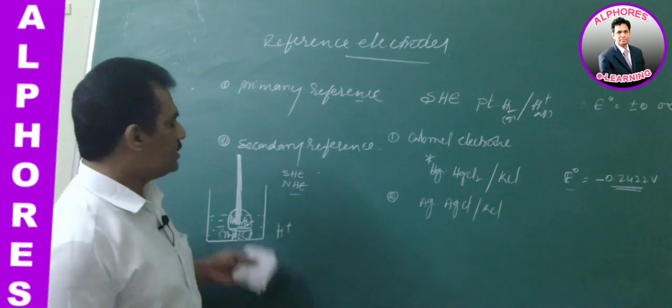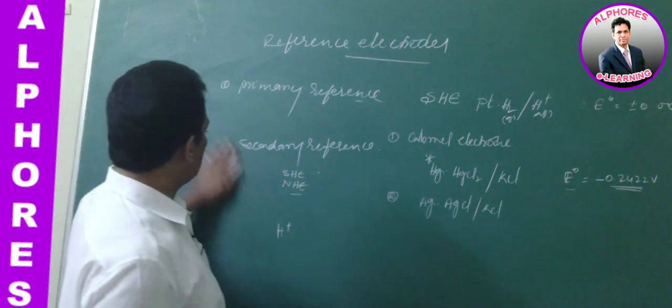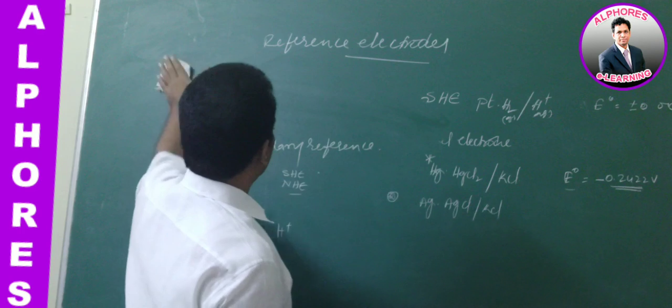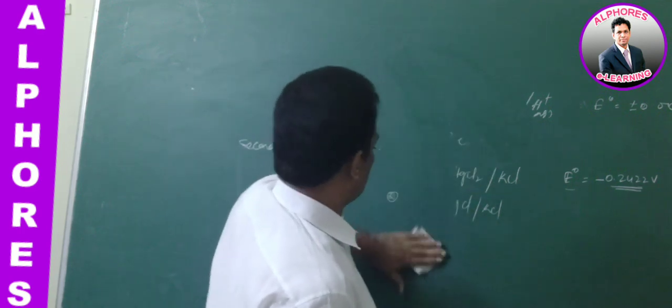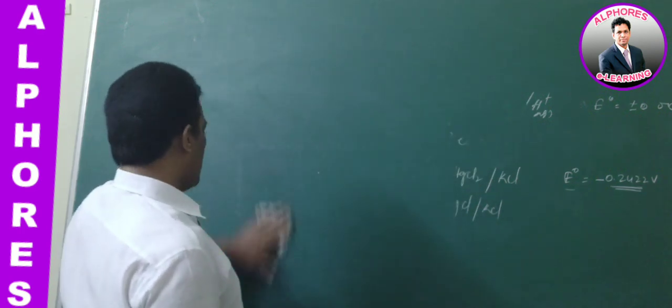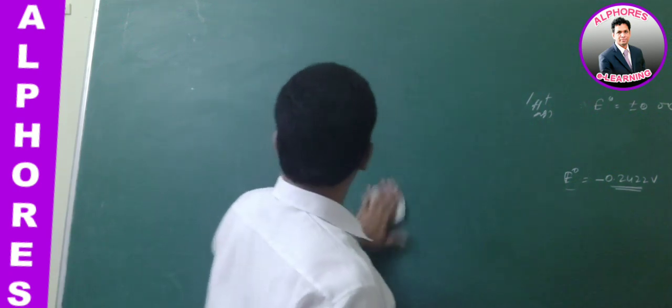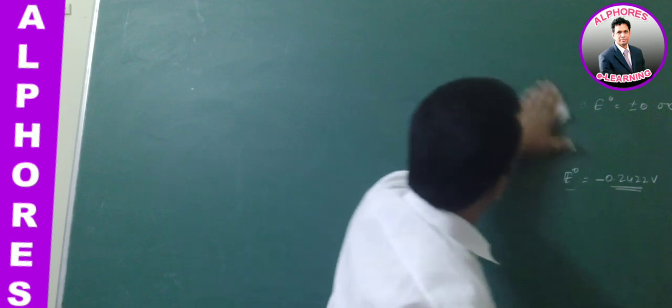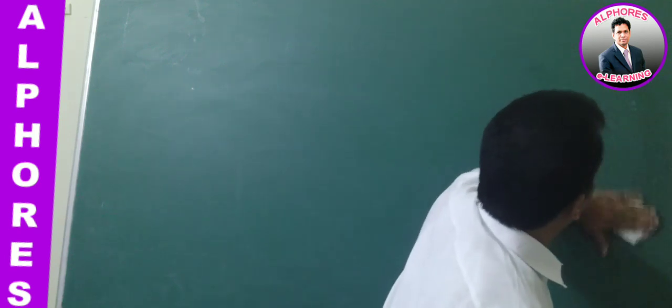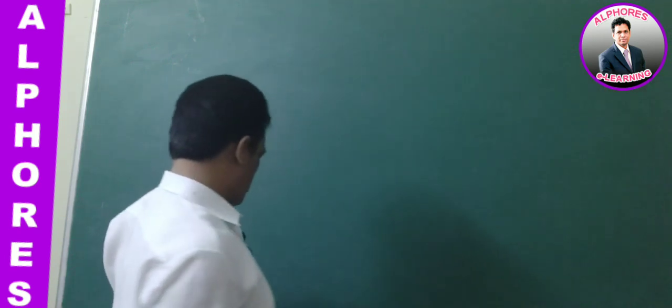And now let us move to the next topic, ECS, the electrochemical series, which is helpful in predicting redox reactions, where oxidation or reduction will help to generate current.